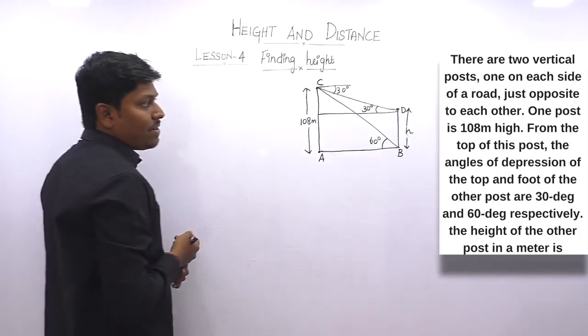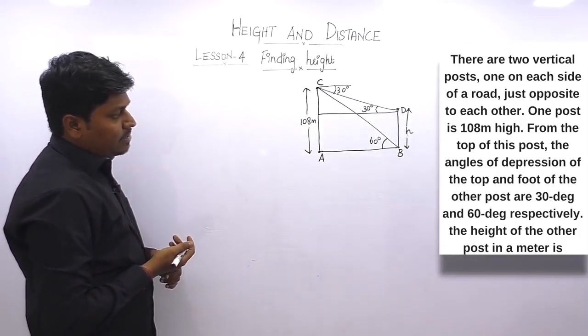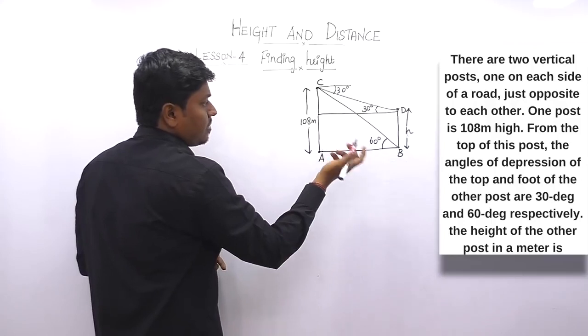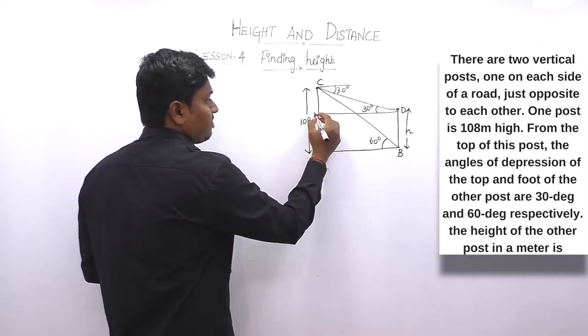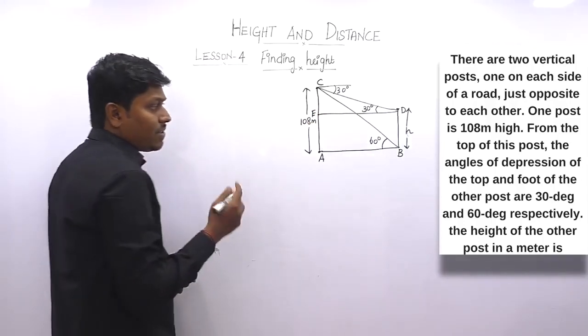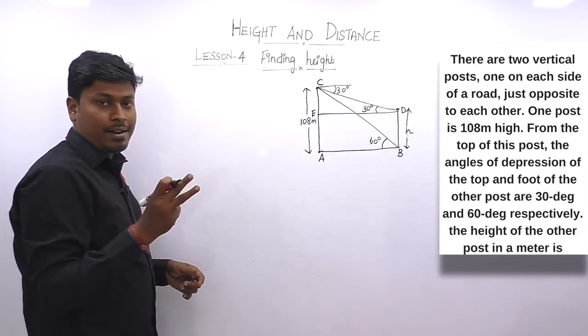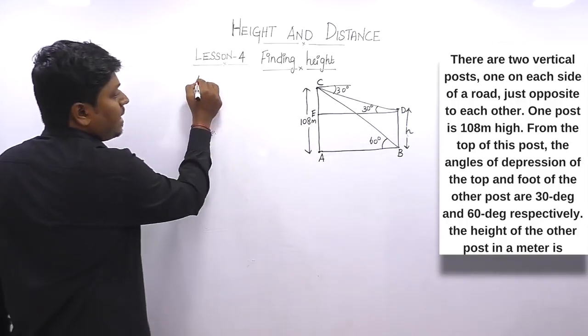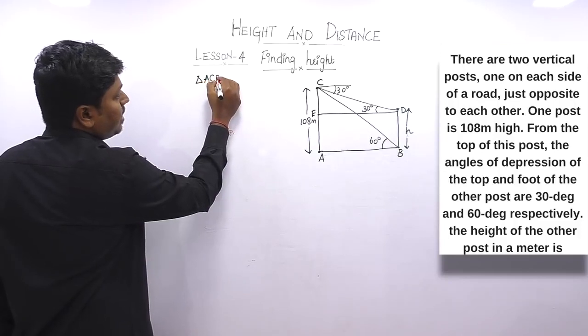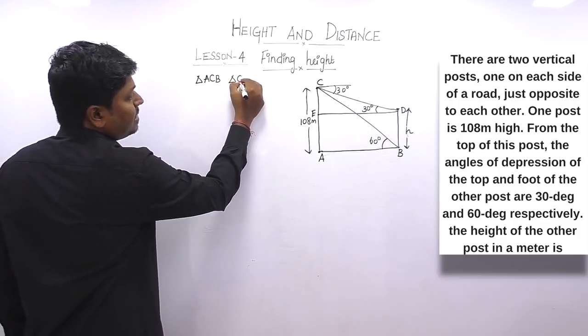So friends, finally we have drawn the diagram and we found there are two right angle triangles. Let me assume this as point E. One right angle triangle is ACB and the other right angle triangle is CED.